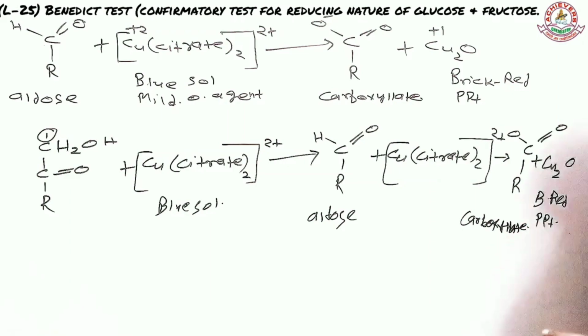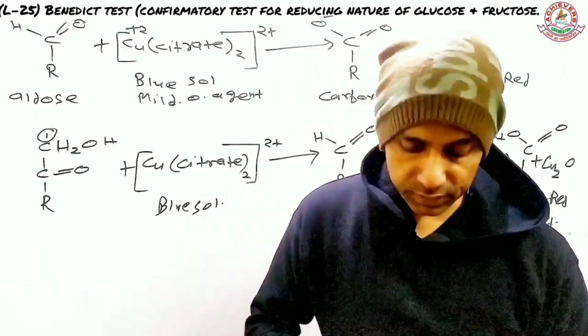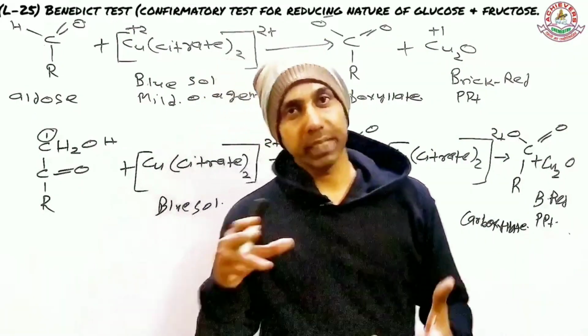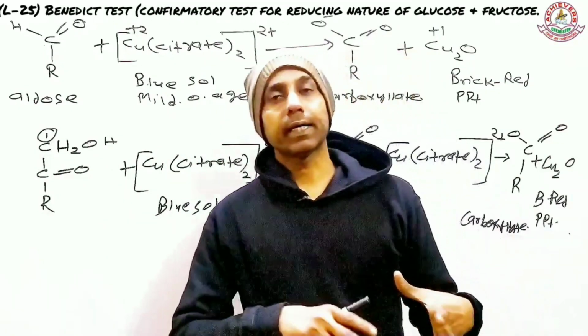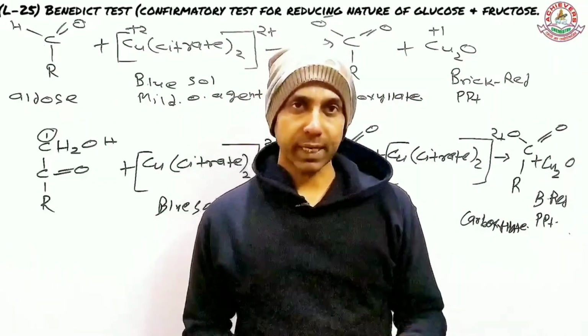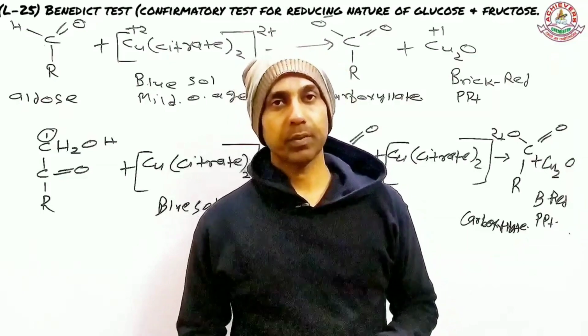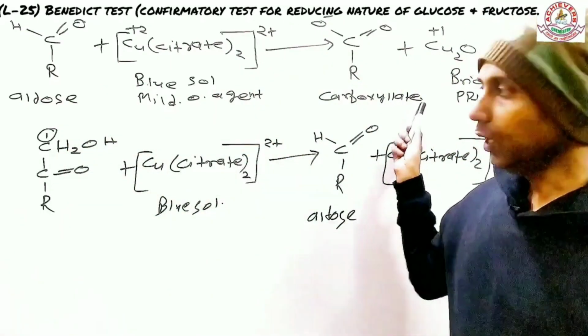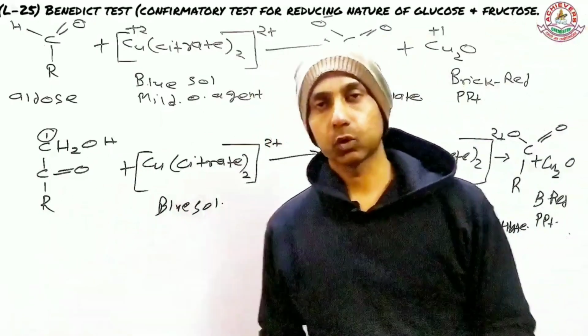Now let me repeat everything here. What I just did is that when glucose reacts with cuprous citrate, the Benedict solution, it directly converts into carboxylate, because even a mild oxidizing agent can oxidize aldehyde into carboxylate, right? And therefore, the aldose is converting into carboxylate. But in fructose, there is no aldehyde. So what happened?